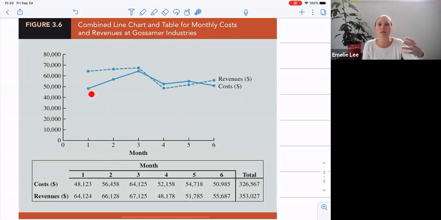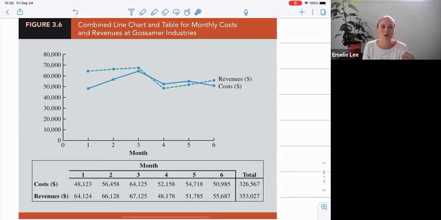We can just say the costs in relation to the revenues, how they relate. And then we can say that it was in month four that our costs actually started to exceed the revenues by a little bit, right? And then that held steady for month five, and then we were back to the costs being lower than the revenues in month six, for example.